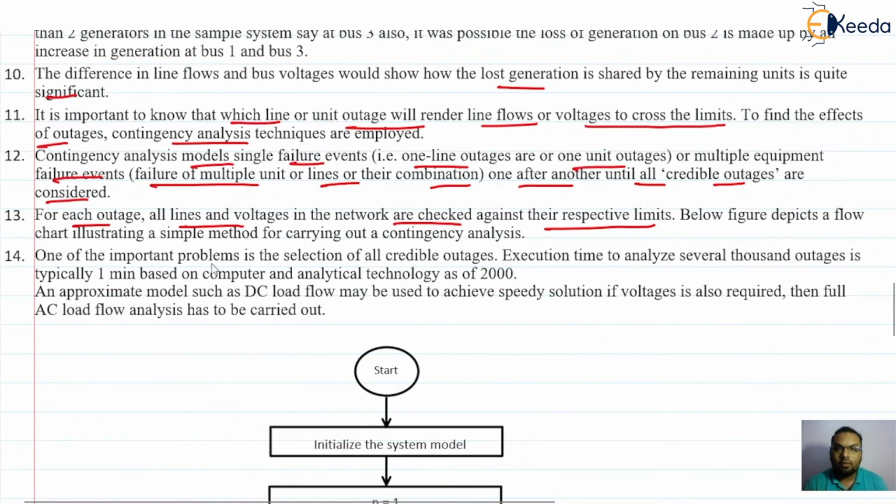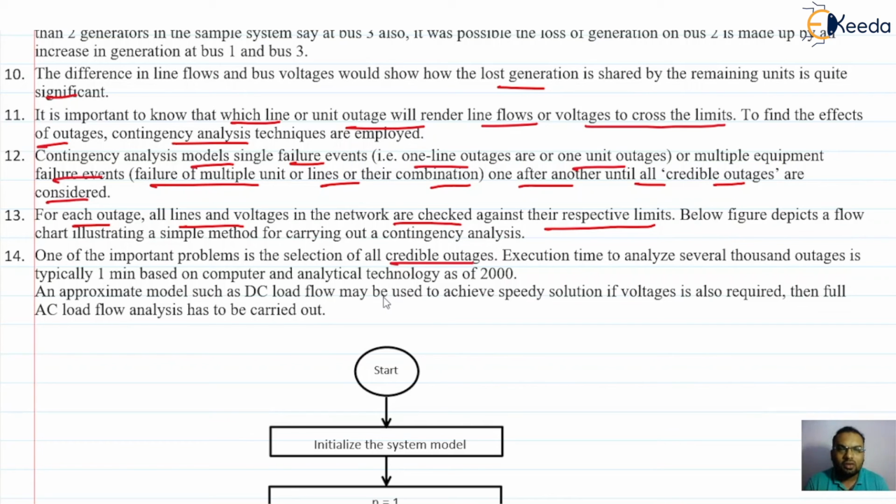One of the important problems is the selection of all credible outages. That is very important, because the contingency definition will give us a very big list. It will give the predictions related to the failures, a big list will be there. Now it is important to select the credible outages only, because in a power system a number of failures are possible, so we cannot do this contingency analysis for all the failures.